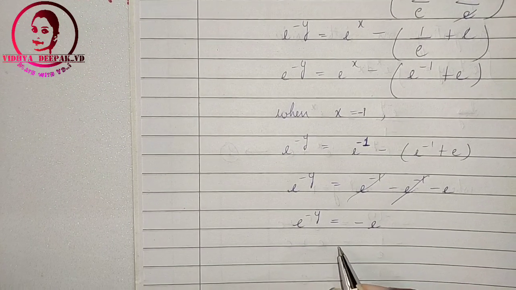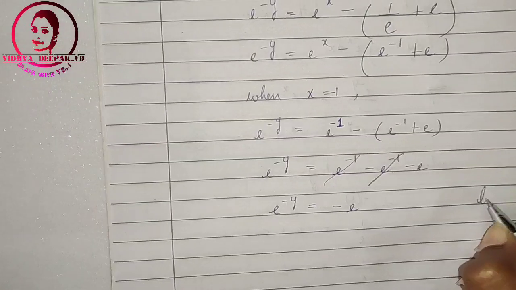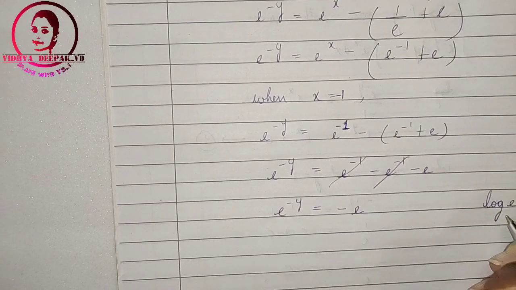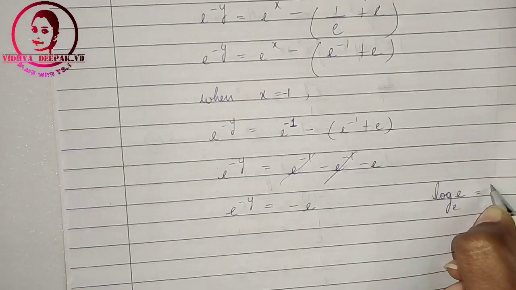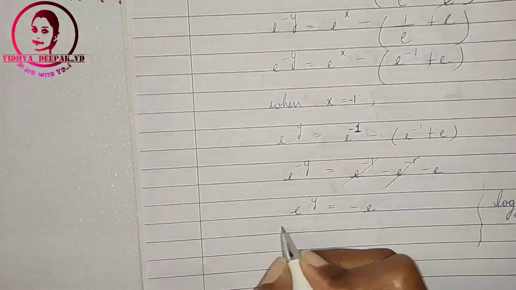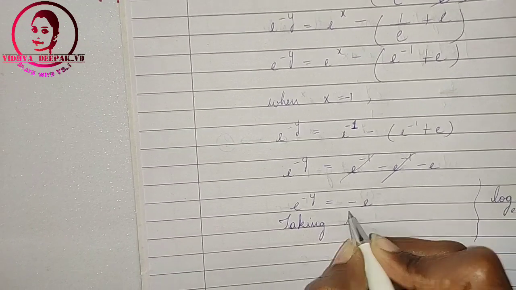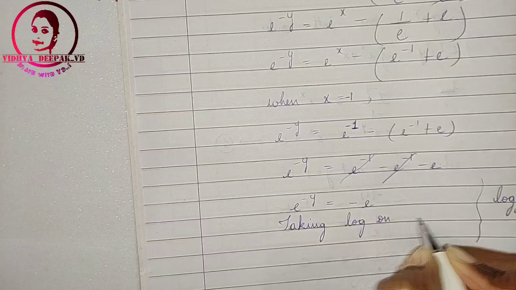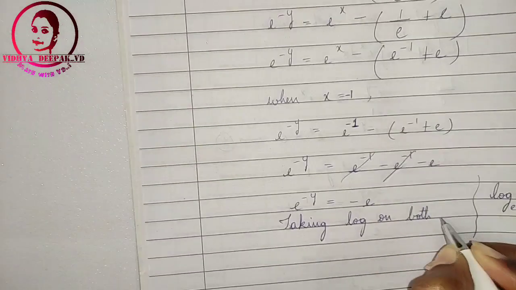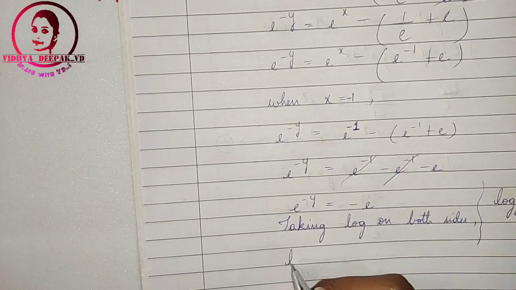Okay, so now we know log e base e is 1. So if this is the case, I'll take log on both sides. What do I have?